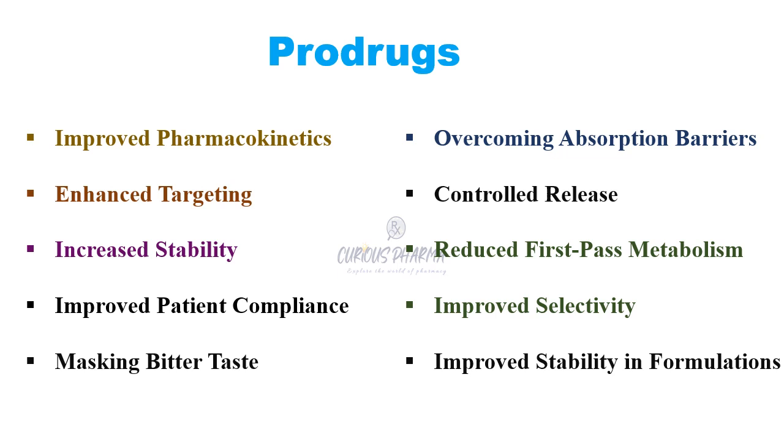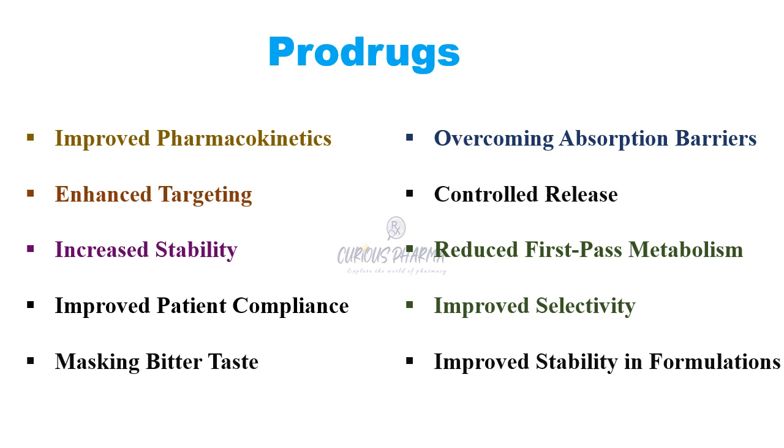A prodrug is a precursor of a drug that is designed to undergo a specific chemical or biochemical transformation in the body to release the active drug. Prodrugs can be designed to improve the pharmacokinetics, efficacy, and safety and tolerability of drugs.